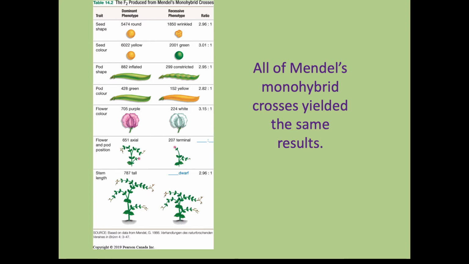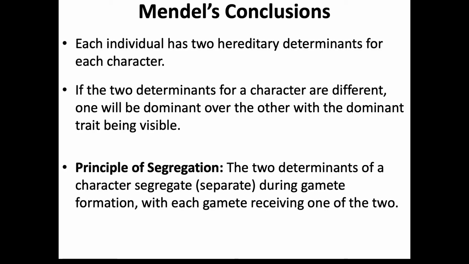When he thought about how he might be able to explain these results, he decided that the simplest explanation was the following: that each individual has 2 hereditary determinants for each character. In the cases where 2 determinants for the character in a plant would be different, one of those determinants would be dominant over the other, and it was the dominant determinant that was going to be visible.